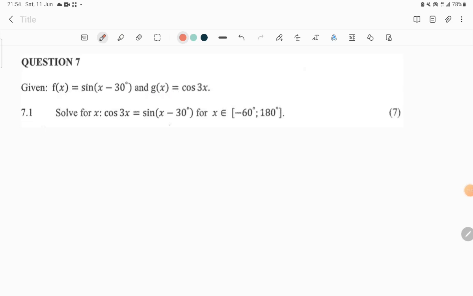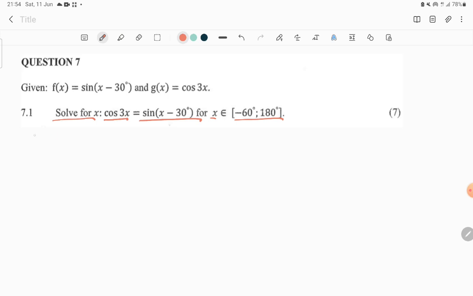So on that note, let's just have the question. The question says solve for x, if we have this being equal to this, for x which is an element of from -60 to 180.